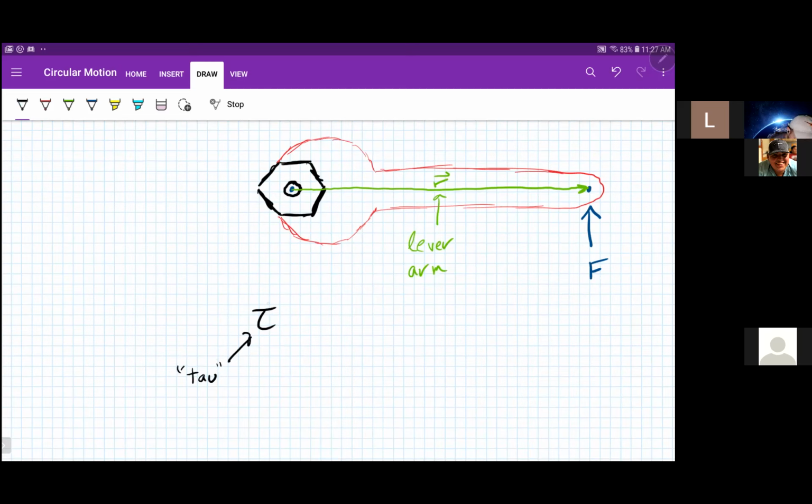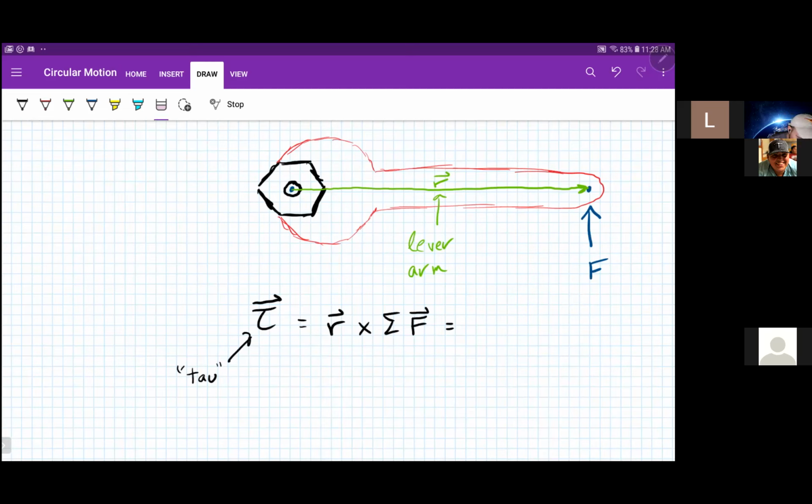Tau is equal to R cross the sum of the forces. We can expand that. We can include our position because sometimes the forces might have a different position. We might have another force acting over here or something like that.